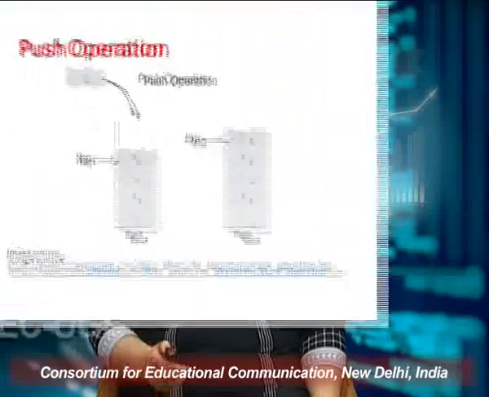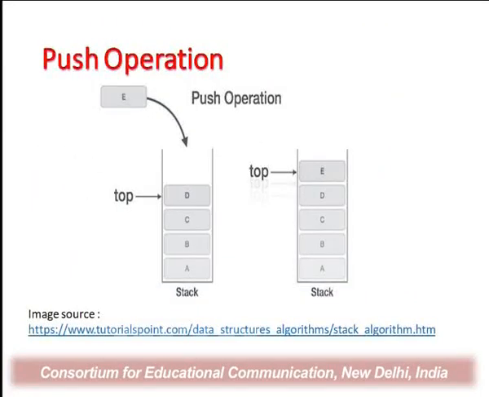So, push operations, as you can see on the screen, let us say our stack is initially empty and we pushed an element A, then we pushed an element B, then C and then D, and then finally an element E is pushed.